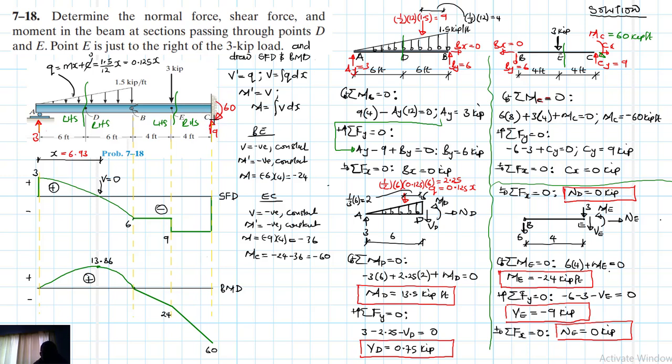But the internal moment at C, if we were to do a section just there, we'll have a counterclockwise moment like this, which is a 60, and this is the one that does the closure.